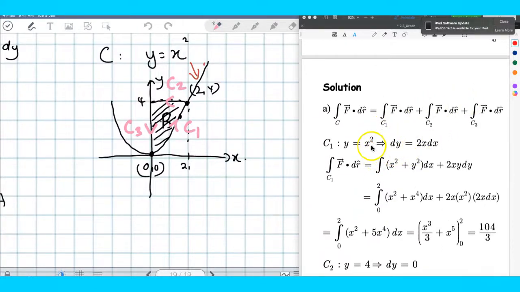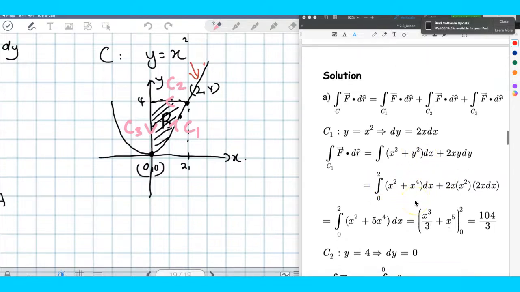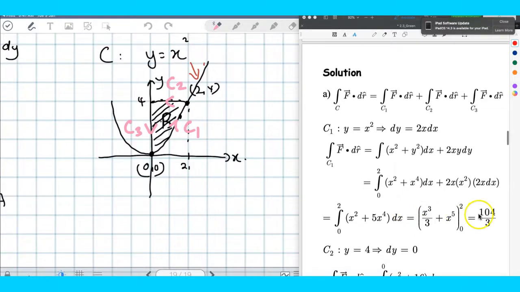So for C1, because this is just 2D, you can substitute, whether you want to transform them into only x or only y, and you will get the answer.